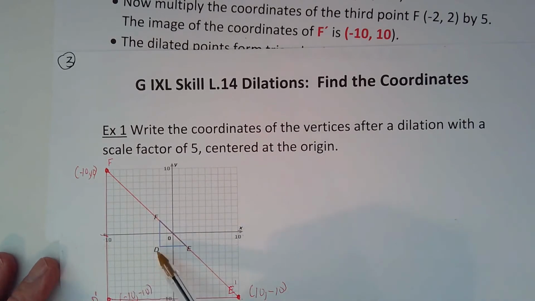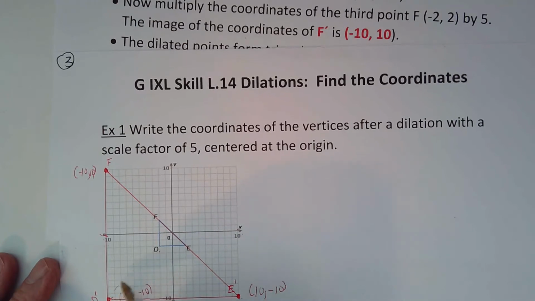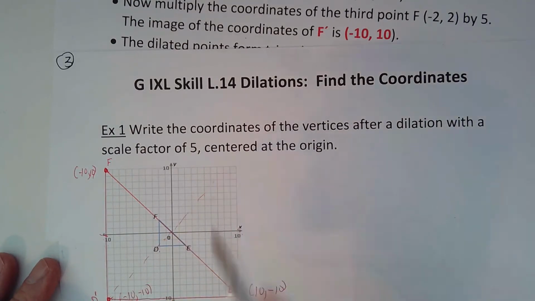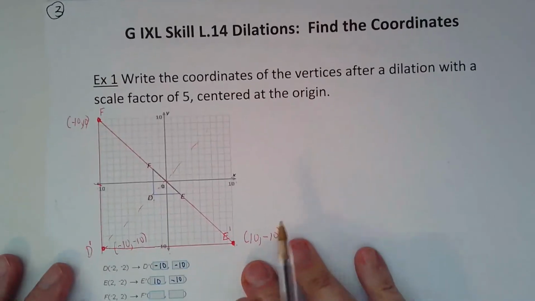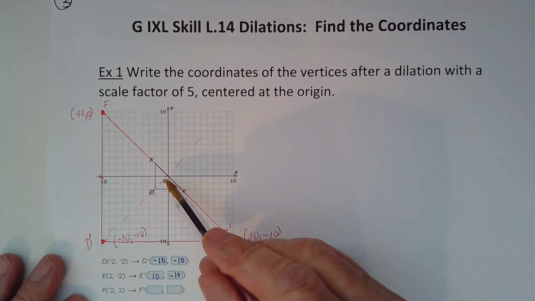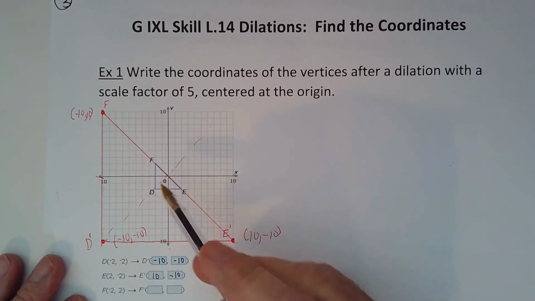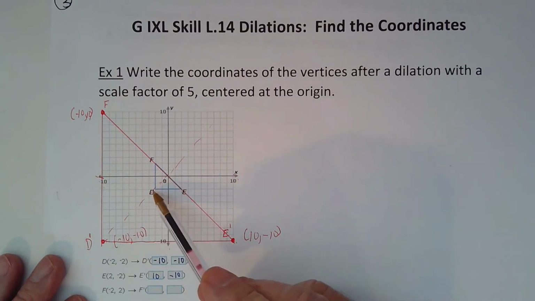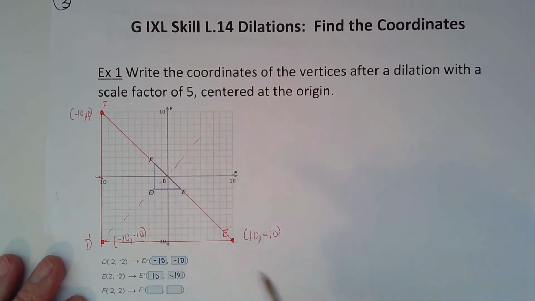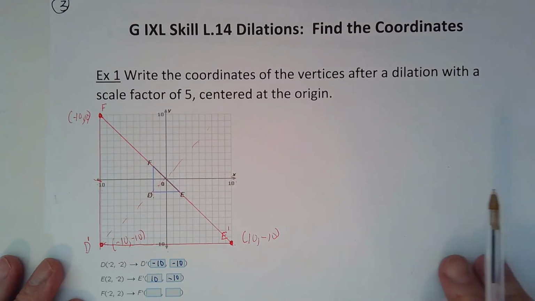Now, D here and D prime, if I were to sketch a line through them, they would go through the origin. So you can see that that's why we say that these are all centered on the origin. They are all in line. So here's D prime through the origin. Okay? So that's how they work.